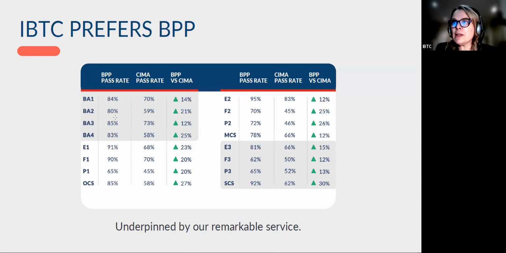You can see BA2, CIMA got 59%, we got 80%. If you look at the bottom right at the strategic case study, we got a 92% pass rate, and the CIMA global pass rate was only 62%. And also with the management case study, you can see we love our case studies. Operations case study, 85% compared to 58%. So I hope that answers your question.